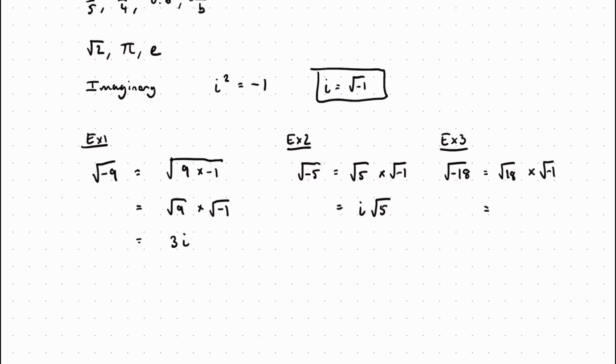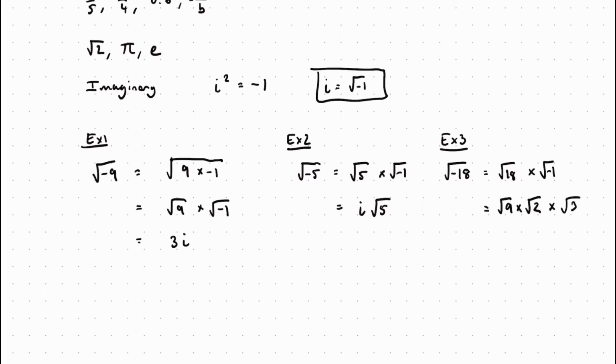Root 18 can actually also be split up into root 9 times root 2. Whenever you're dealing with surds like this, you're always wanting to split it into something that's a square. So when I look at root 18, I ask, what square number can I divide 18 by? Well, that's 9. If there is no square number I can divide 18 by, then root 18 can just stay as root 18.